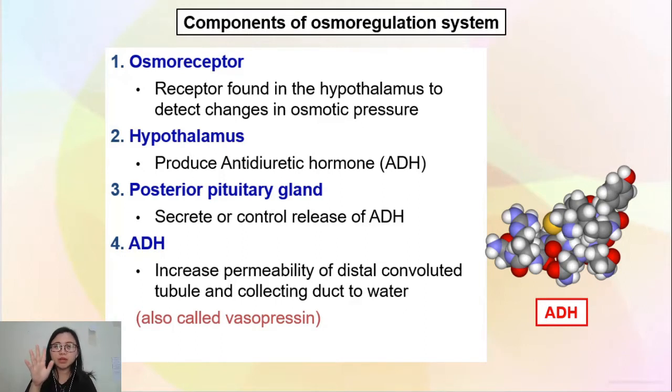Increased permeability menyebabkan molekul air senang untuk limpas tisu-tisu di sana. Okay? Increased permeability. ADH is also called vasopressin. Itu nama lain ADH. Tapi dalam syllabus kamu, kalau kamu guna ADH saja pun boleh.